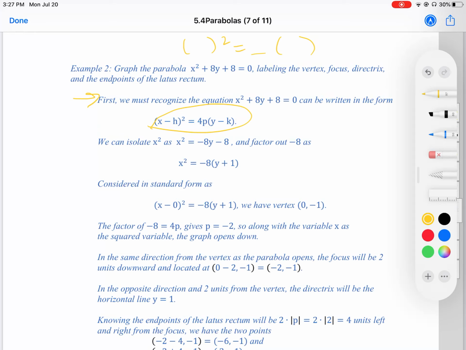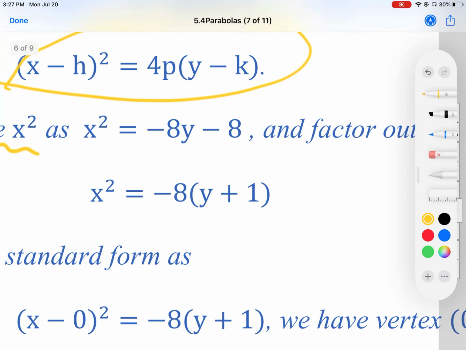First, we need to isolate the squared term. In this case, the squared term is x squared. So let's get x squared by itself, along with any other x. In this case, we only had one x. You want to move everything else that isn't your squared variable to the other side. On the other side, I'm able to factor out a common factor.